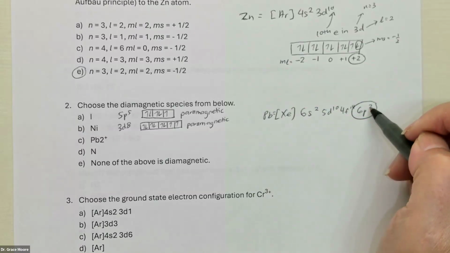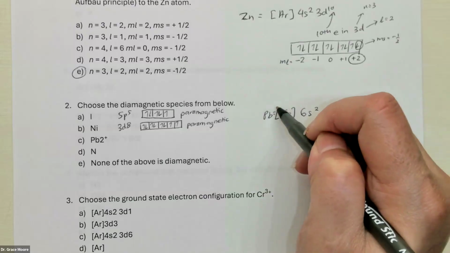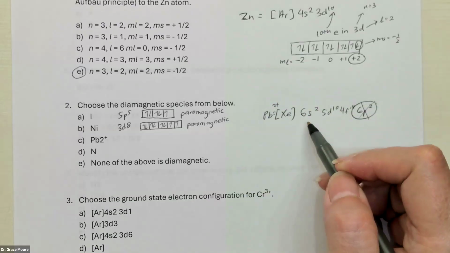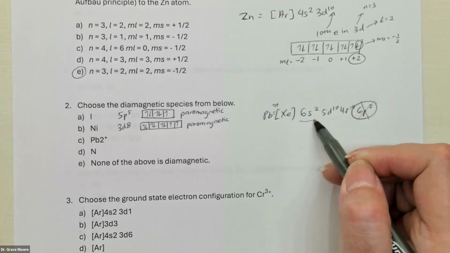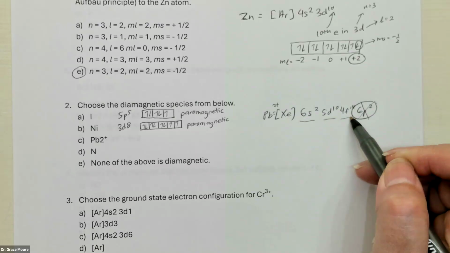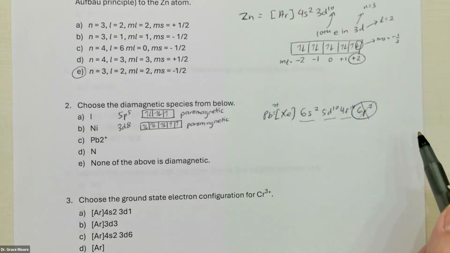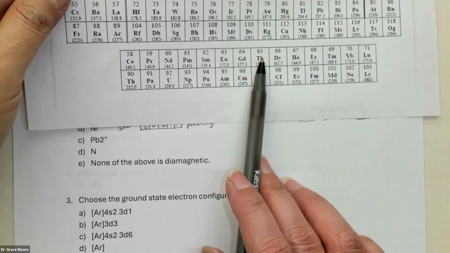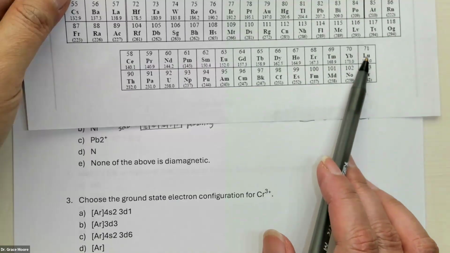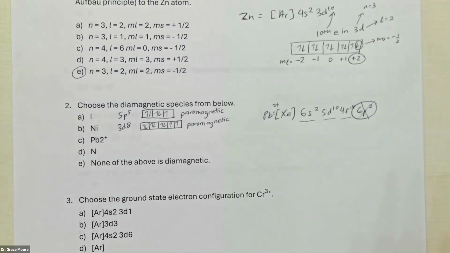When you lose these 2 and you get Pb2+, everybody is filled. S is filled, D is filled, F is also filled, because f14 means every single one is filled.